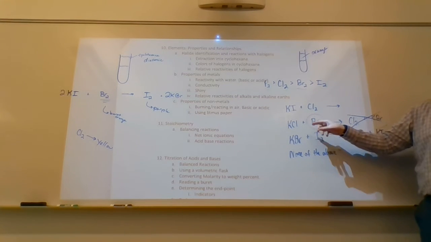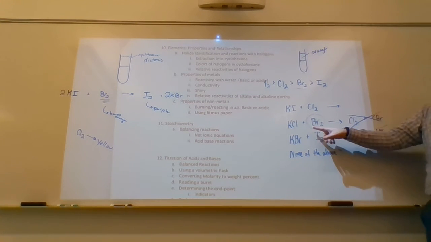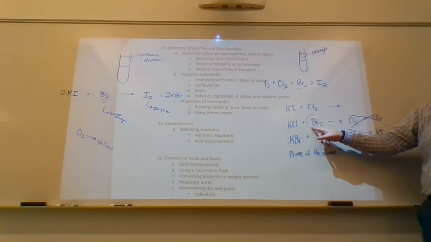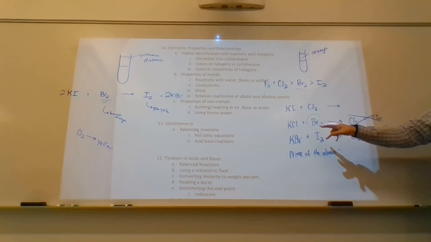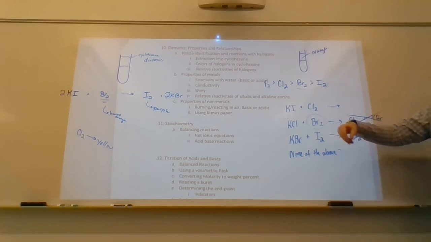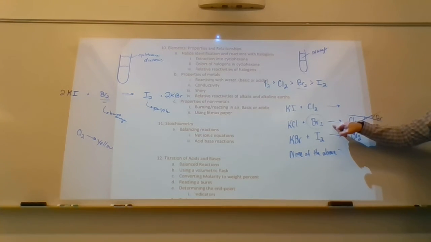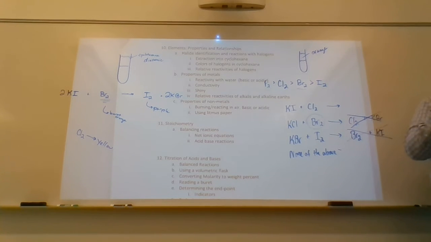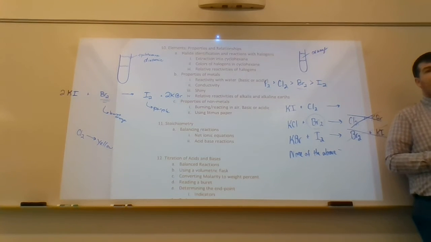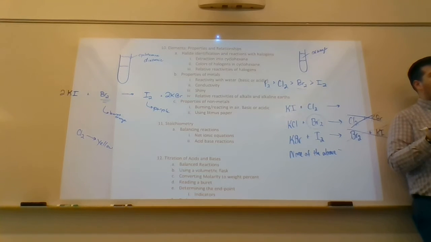Whatever's on the left, if no reaction took place, then whatever's on the left, or actually no, Cl2 in this case is stronger than Br2, but no reaction took place. So this could have been what we are seeing here, but since I told you a reaction certainly took place, this eliminates this as a possibility. Okay? This concept is a little tricky to wrap your head around.